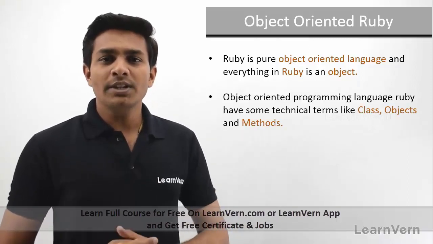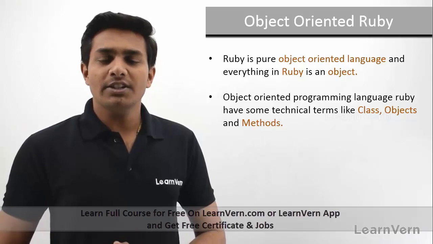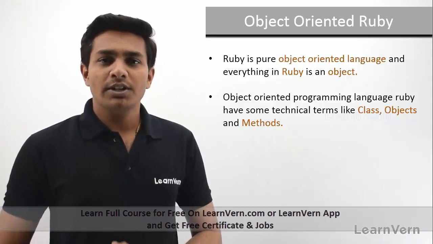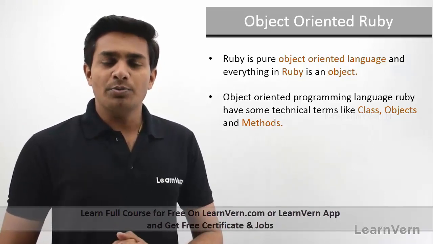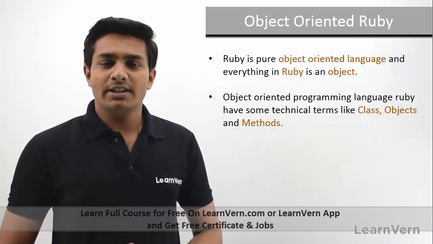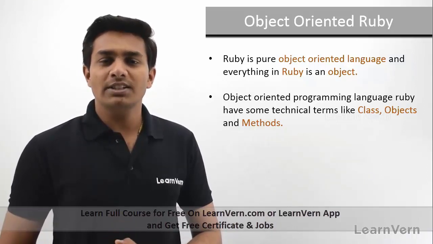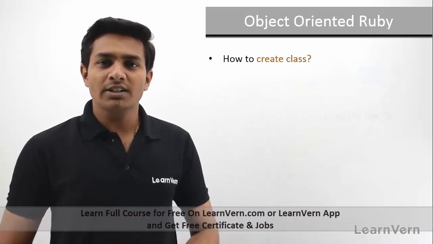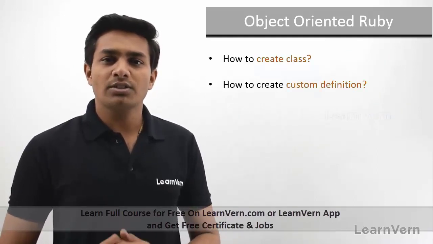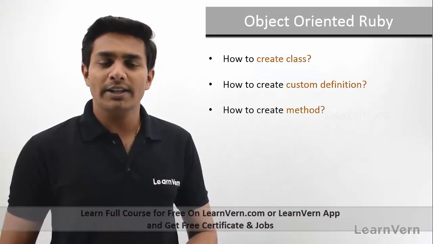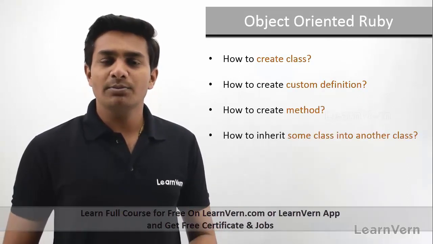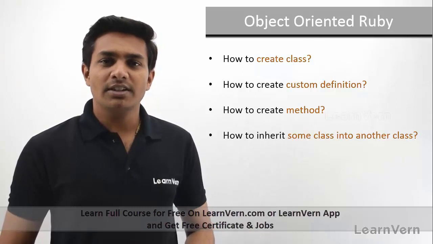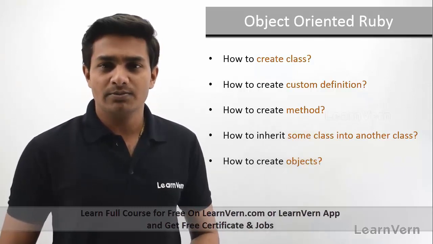As Ruby is an object-oriented language, it has some technical terms such as class, objects, methods, etc. Now we will see each of them in some detail, like how to create a class, how to create our own custom definitions, how to create methods, how to inherit some classes into another class, and how to create objects.